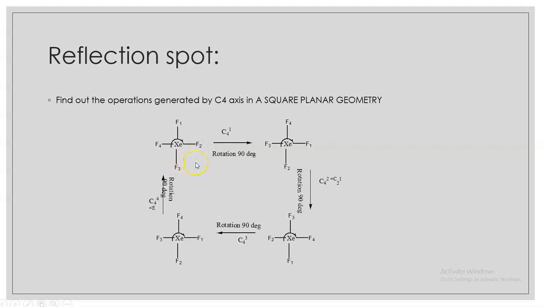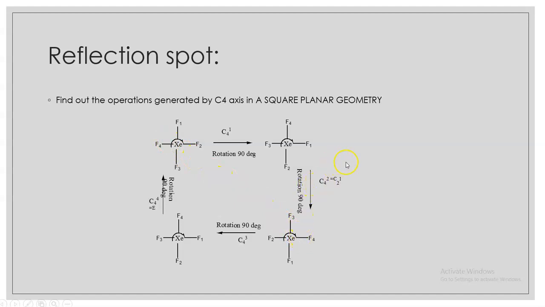Now, when I am performing the C4-1, all the fluorines are exchanged through 90° and you get a new orientation like this. When I am performing another time C4-2, I get this appearance, and I can call this C4-2 as C2-1 because this molecule, when rotated through 180°, you can directly get this molecule.